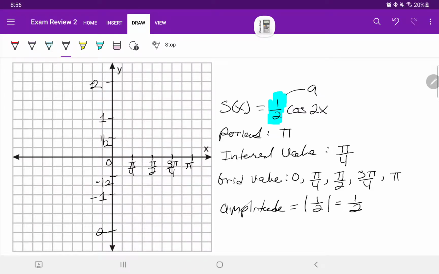And now remember, when it comes to the cosine function, it is max. The maximum value this function will obtain is 1/2. So max, 0, minimum, 0, and then back up to the maximum.